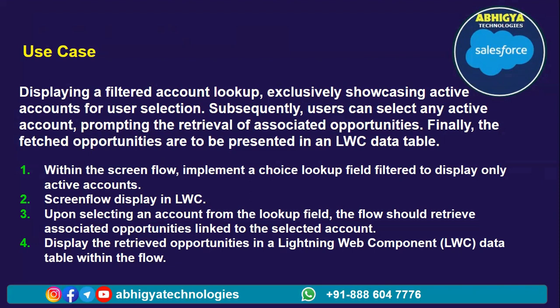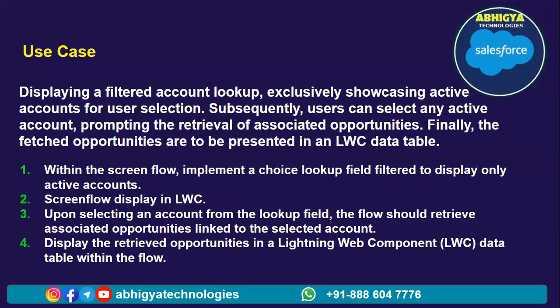We retrieve all the opportunities in the flow, so that list of opportunity data has to be passed into the LWC. We will discuss how to pass it and display it.